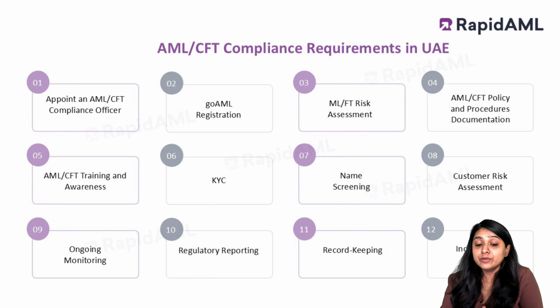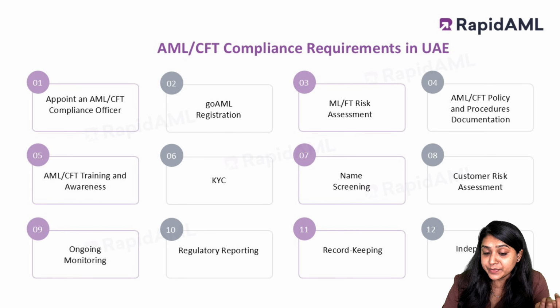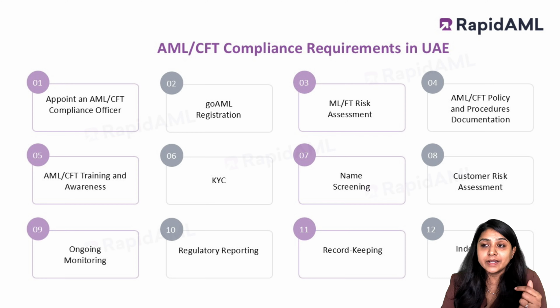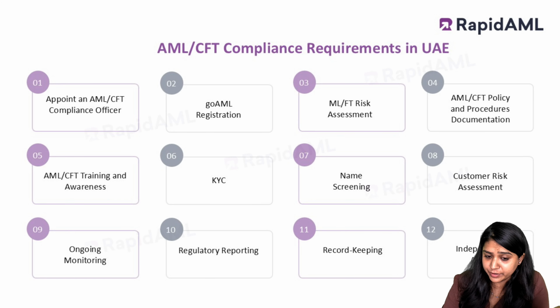When we do this money laundering and financing of terrorism risk assessment, we are also required to look at the national risk assessment which was issued by the UAE government recently. So it has to be in line with that. In addition to that, there are various guidance notes available which could be referred to.